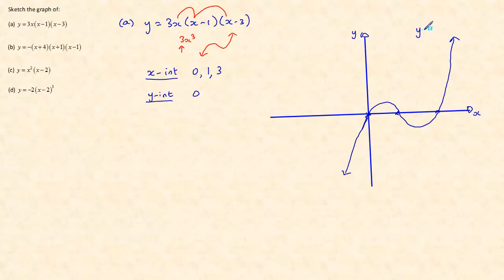Should always label it. So 3x(x minus 1)(x minus 3), and we know this was the origin, 1 and 3.